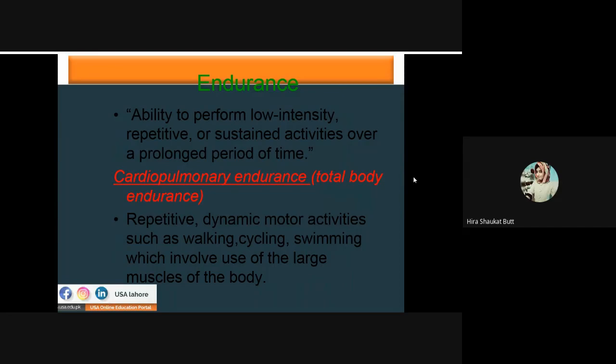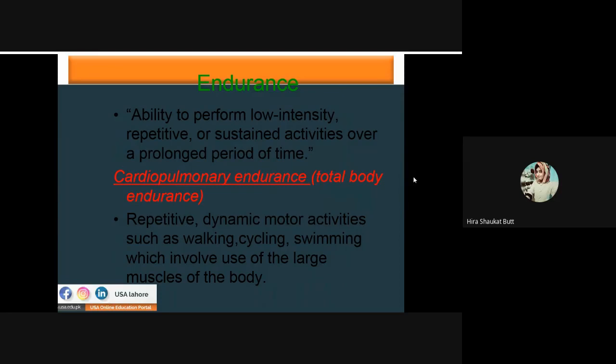So, muscle endurance, we always remember that endurance is always a phenomenon related to fatigue, or power without getting fatigued. So, endurance is basically the ability to perform low intensity, repetitive, or sustained activities over a prolonged period of time without getting fatigued.